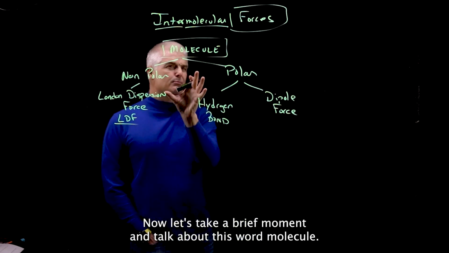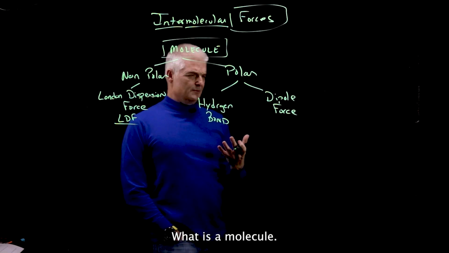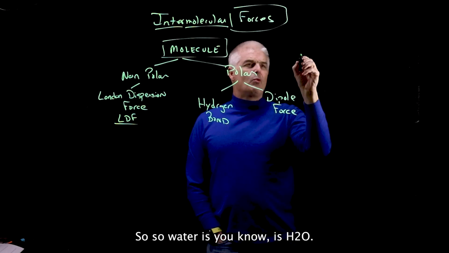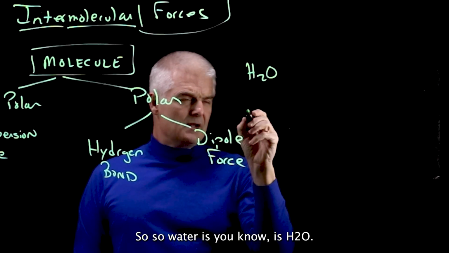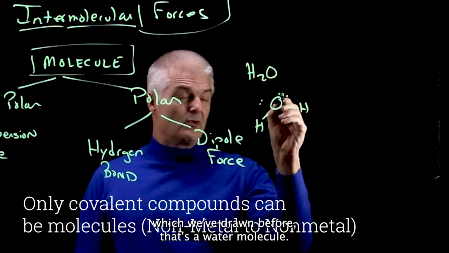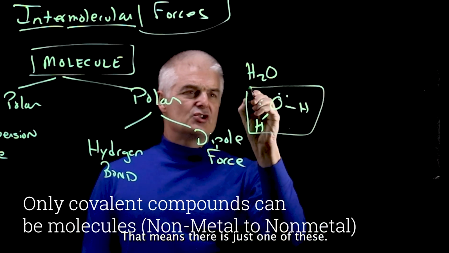Now, let's take a brief moment and talk about this word molecule. What is a molecule? Now, this is in contrast with, like, say, salt. So water, as you know, is H2O. But what's really going on, as you recall, when we draw the Lewis structure, which we've drawn before, that's a water molecule. That means there is just one of these.